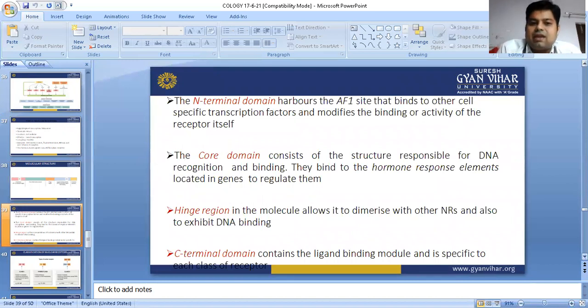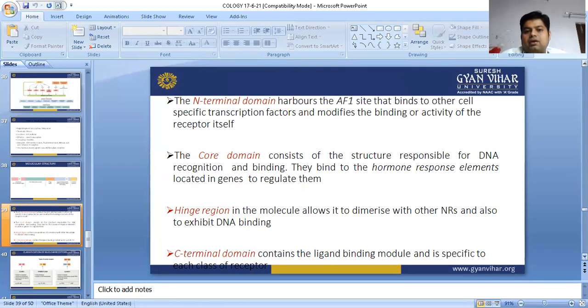Now, what is the N-terminal domain? The N-terminal domain harbors the AF site that binds to other cell-specific transcription factors that modify the activity of the receptor itself. Means it provides the site for activation and binding capability.